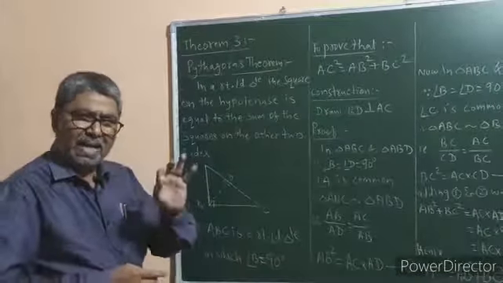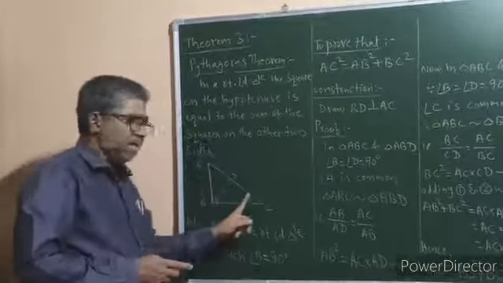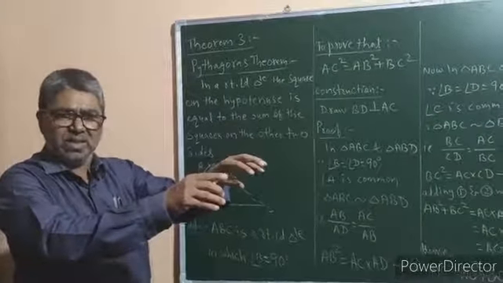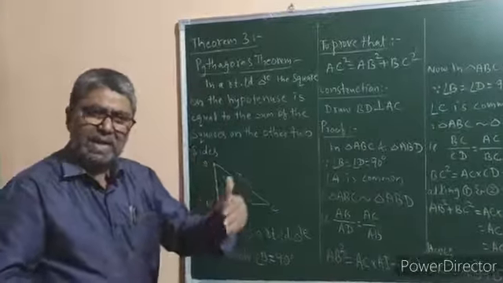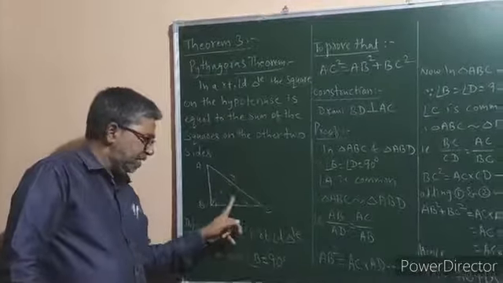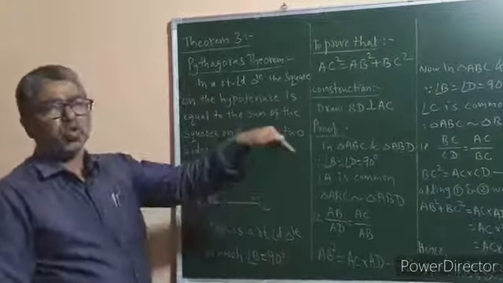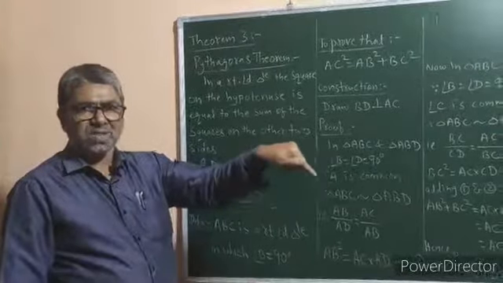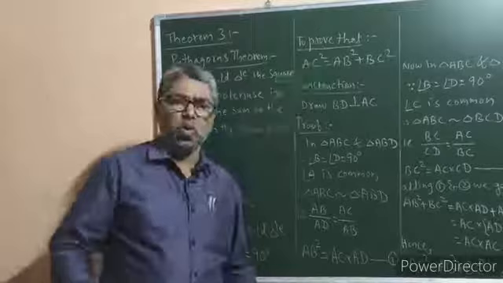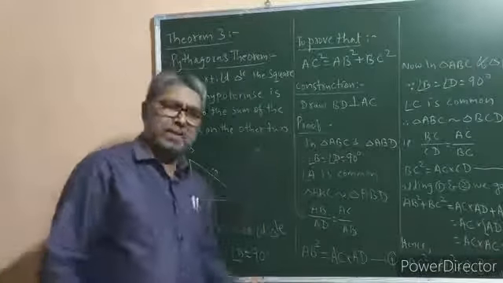Now by considering triangle ABD along with triangle ABC, we have to prove that those two triangles are similar. In the same way, by considering triangle BCD along with the original triangle ABC, we have to prove that those two triangles are also similar. Then we can move on to prove AC square is equal to AB square plus BC square. Okay, now let us see the proof.